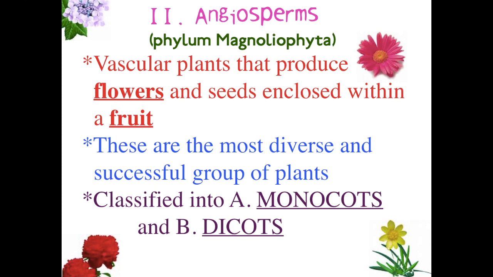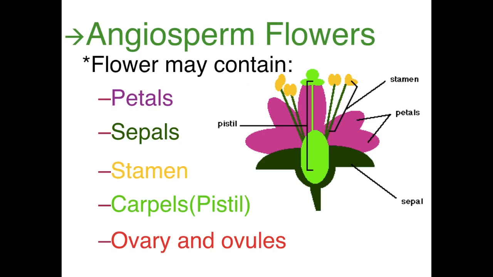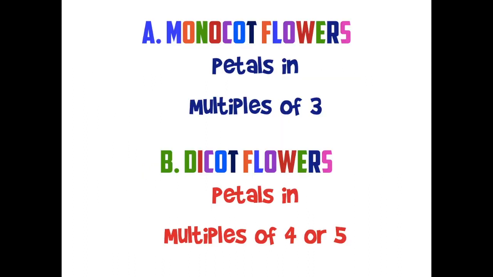So these are the most diverse and successful group of plants, and we're going to divide angiosperms into monocots and dicots. Remember, mono meaning one and di means two. So let's talk about these. Flowers in a future chapter. Make sure you're aware of the basic structures. So let's move into the monocot and dicot, the two divisions of angiosperms.